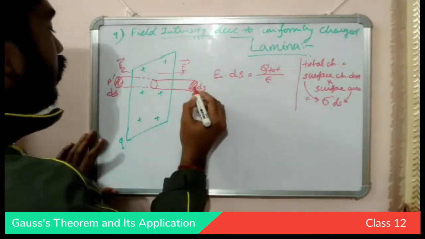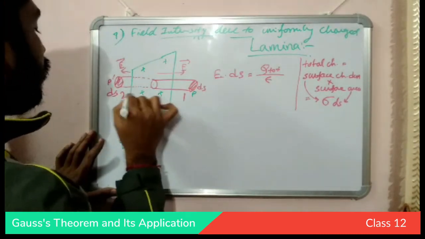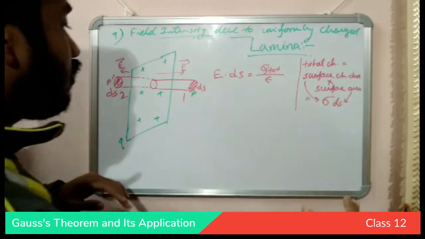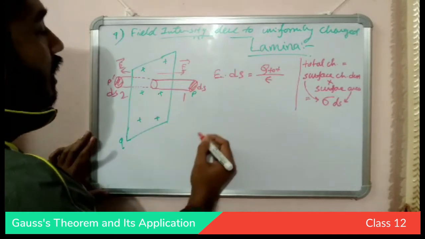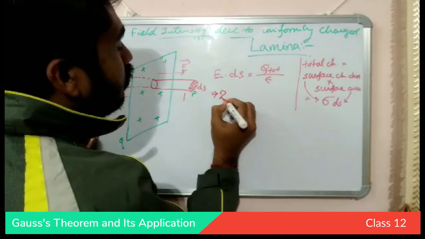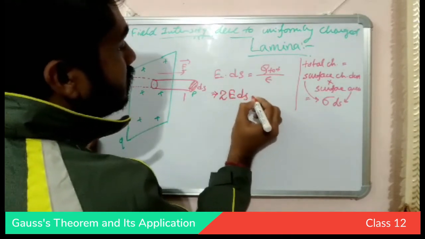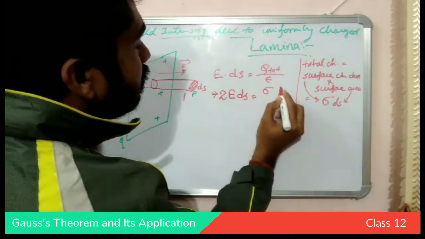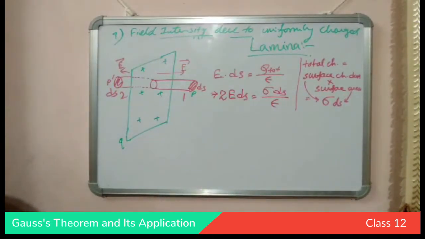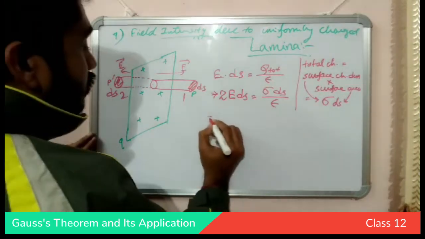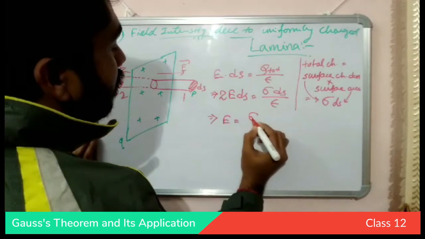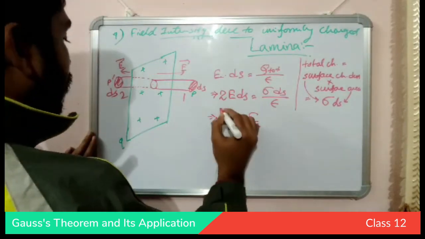So there are two kinds of electric field getting outward from this lamina, and this will be 2 E ds, and q total is sigma ds by epsilon. So E is sigma by 2 epsilon.